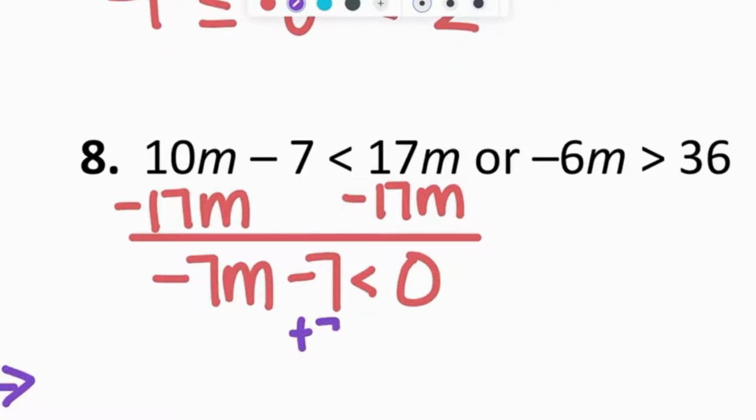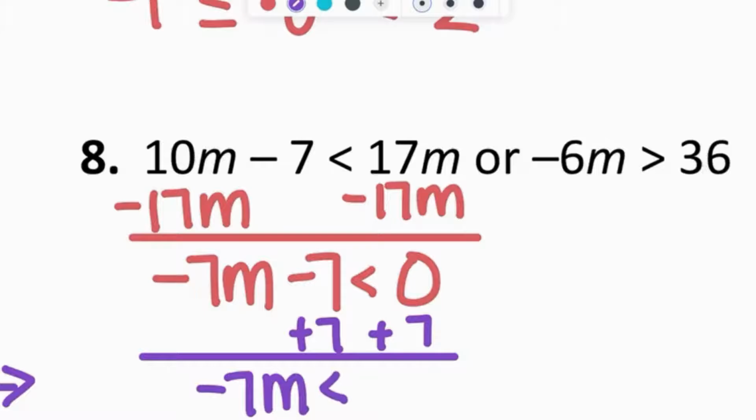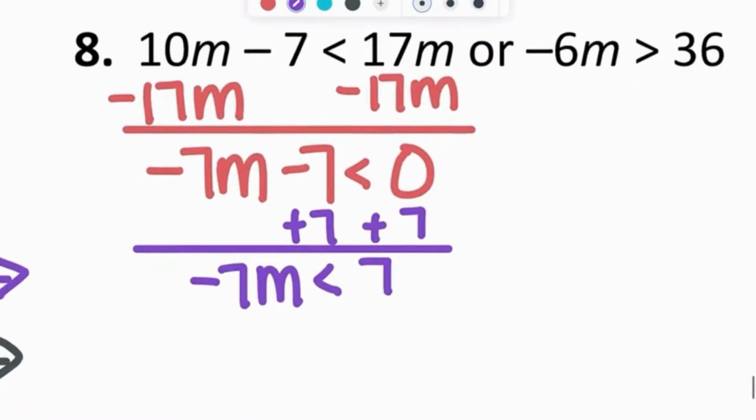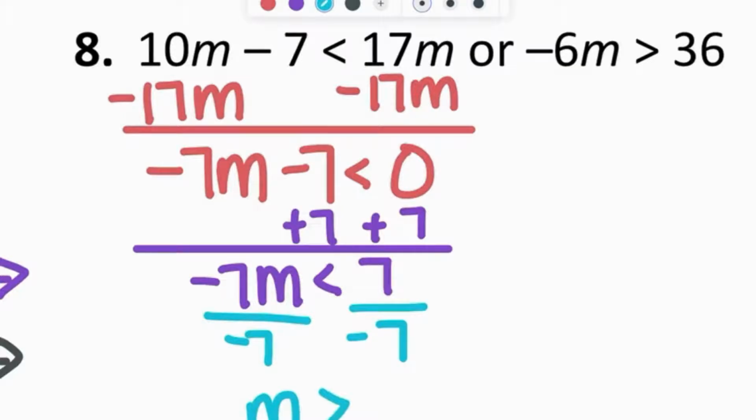If I add 7 to both sides, I get negative 7m is less than 7. And in this case, I am dividing by the negative, which means when I bring this down, I have to flip my sign and I get negative 1.